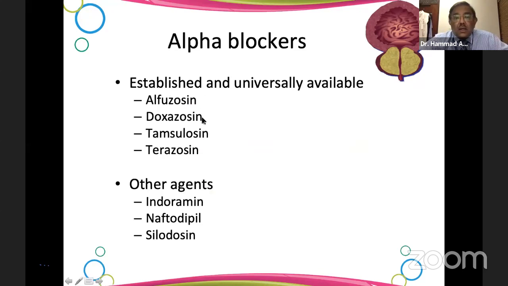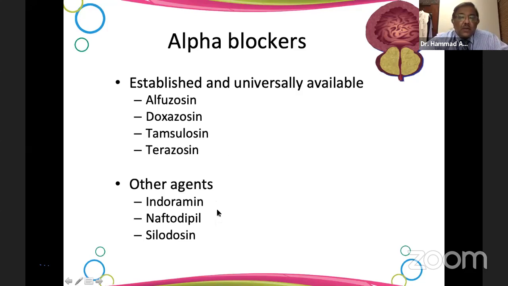Then there are doxazosin, tamsulosin, and terazosin. Terazosin is Hytrin, which was again slightly selective alpha-1A receptor antagonist, but it has to have a dose titration. So you have to move from 1 to 2 to 5 to 10 milligrams in order to achieve the effect. It was very commonly used, but not anymore.